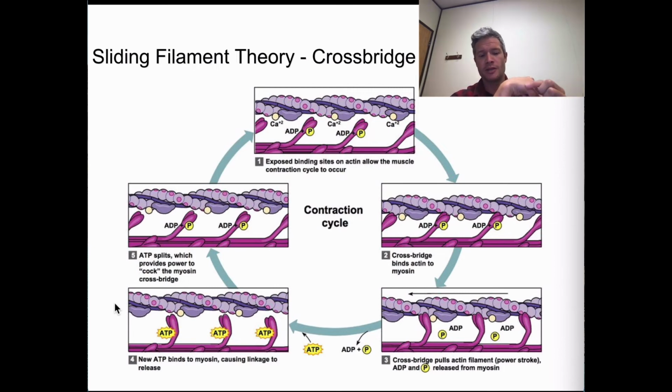Well, when it becomes hydrolyzed, when we release the energy from ATP to be ADP and phosphate again, that energy release energizes the myosin into an active position, or active state, or active conformation. Then we say that the myosin head has been cocked or set, or ready, essentially reset to be able to find another active spot, attach, pull, or power stroke, release ADP and phosphate, get re-energized, let go.